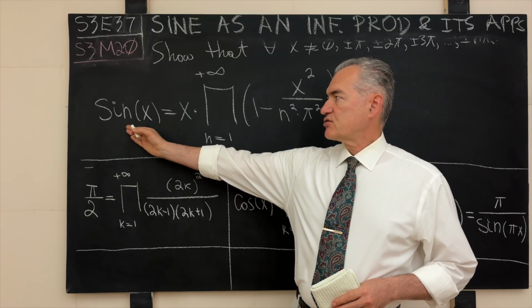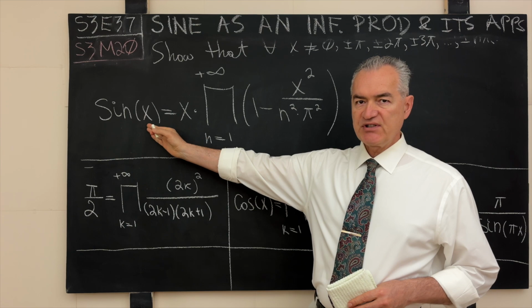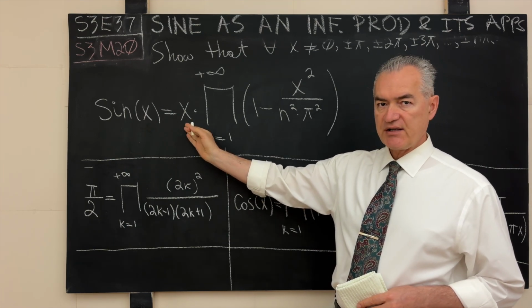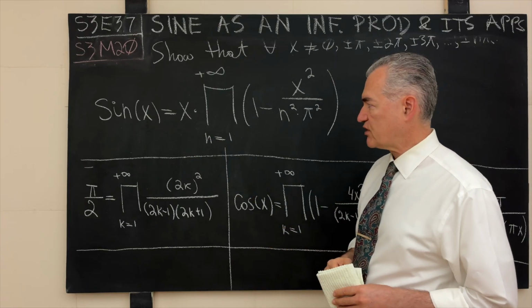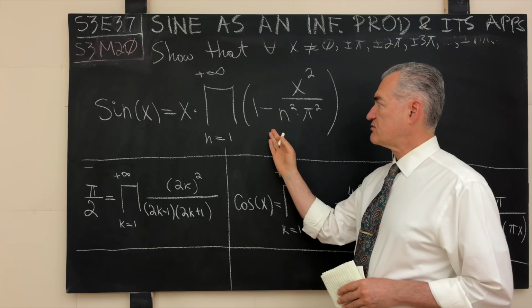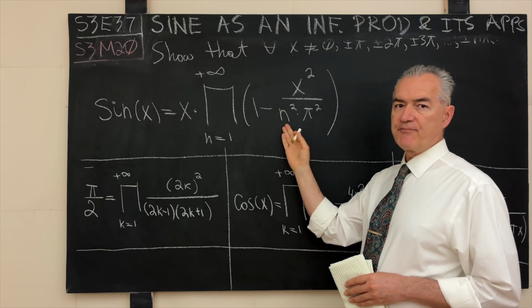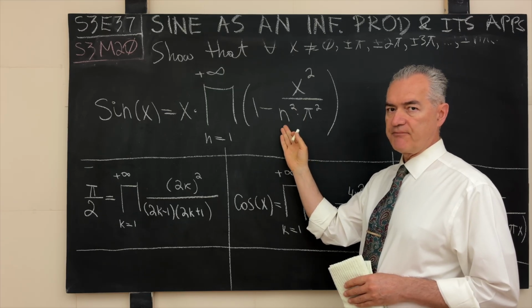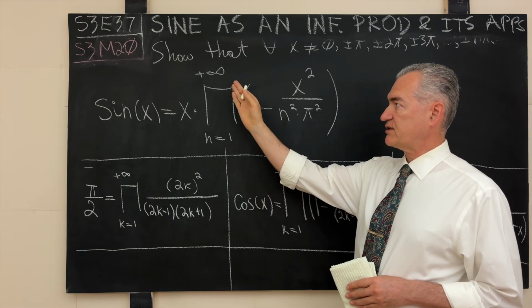The sine of x, measured in radians, can be represented as the product of the argument itself, x, and an infinite product whose common term has the following structure: 1 minus the ratio of x squared divided by n squared times pi squared, where the dummy multiplication variable n varies from 1 to positive infinity.